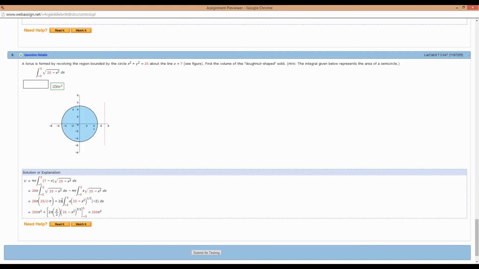So just integrate that like we normally would. Then you're going to get 350 pi squared plus this, which I believe is just going to cancel out. You're going to get a 0 when you plug in a 5, and you get a 0 when you plug in a negative 5. So you get nothing here. So the answer for this problem was 350 pi squared.